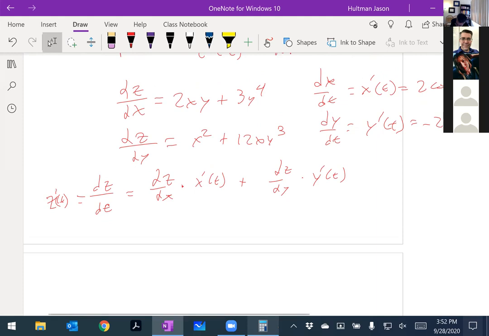So this is going to be 2xy plus 3y to the fourth, right, times x prime of t.